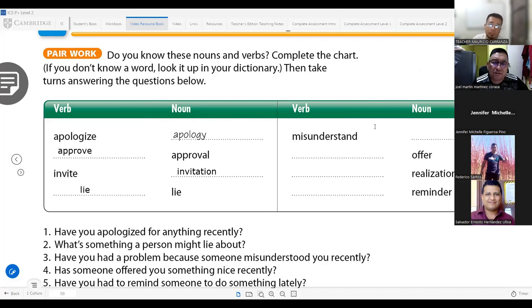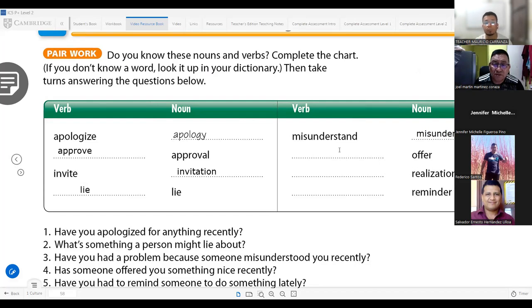Misunderstand. What is the noun? Understand? No, that is a verb too. Okay, the noun is misunderstanding.